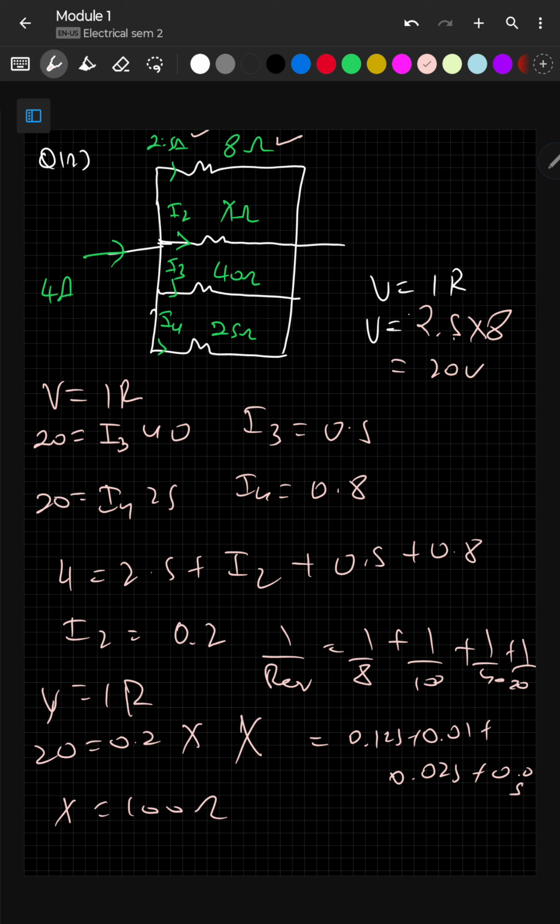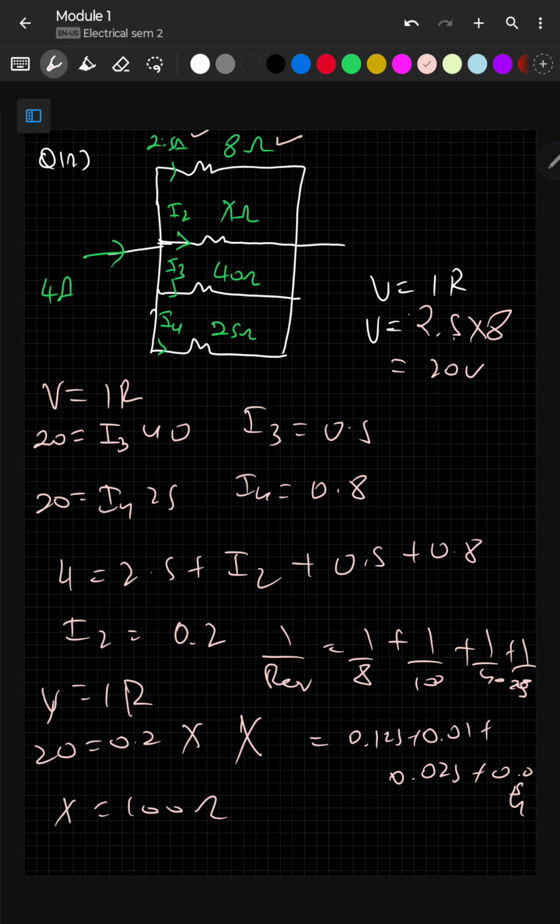Now 1 divided by 0.125 plus 0.01 plus 0.025 plus 0.05. So it's 1 by 25. That is what I've been making a mistake in. Now I get the correct answer.